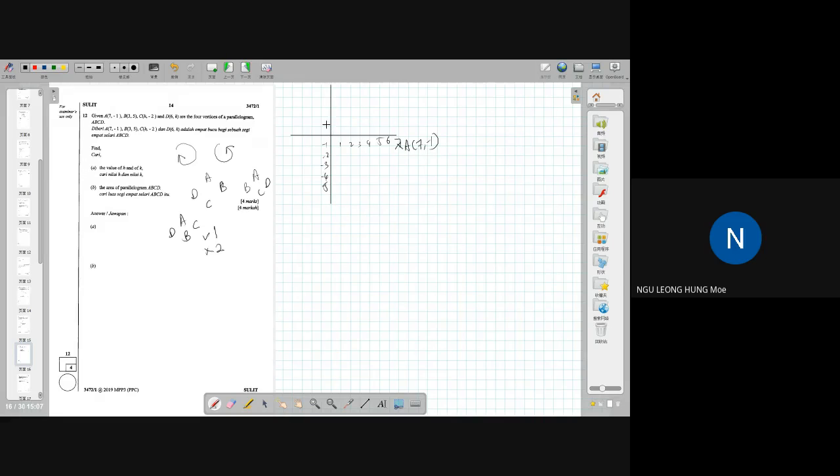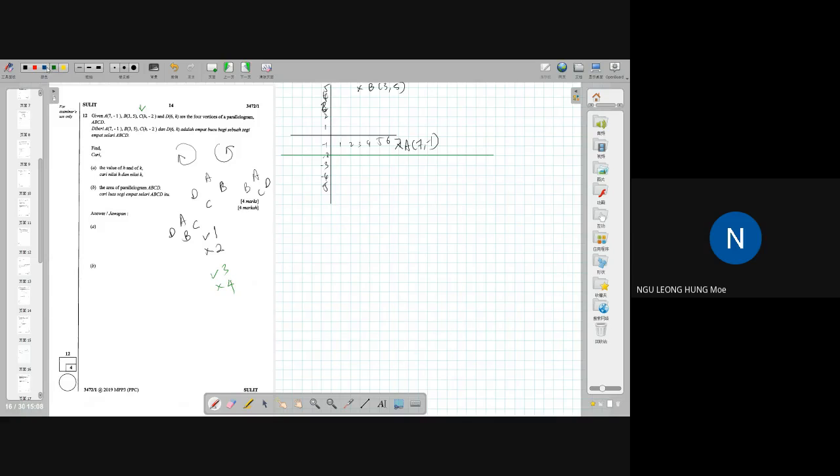B is (3, 5): 1, 2, 3, and 5. So this is B (3, 5). I use the green color for the C, x = -2. -2 is here. That means the C value is somewhere along this line. Do you agree? If you can understand, please reply me 3. If not, reply me 4.